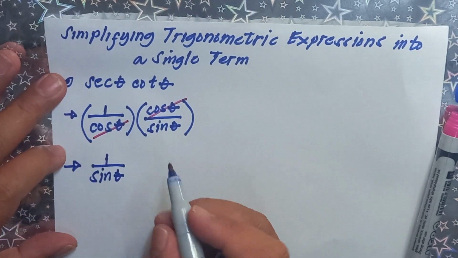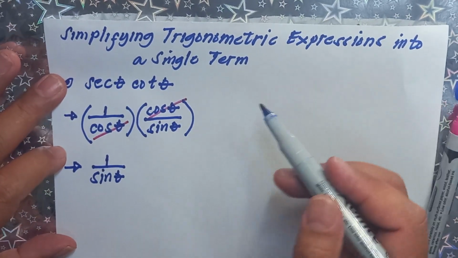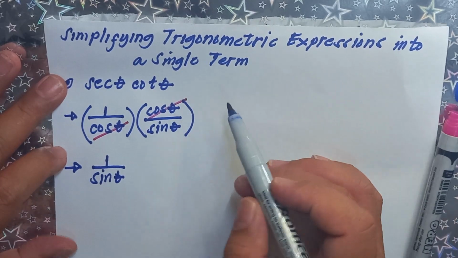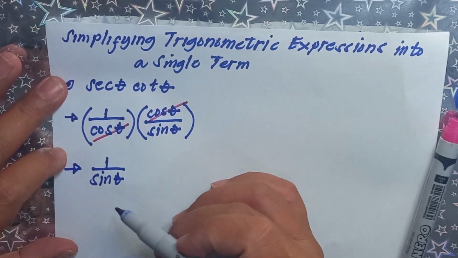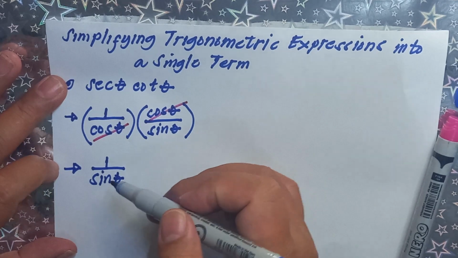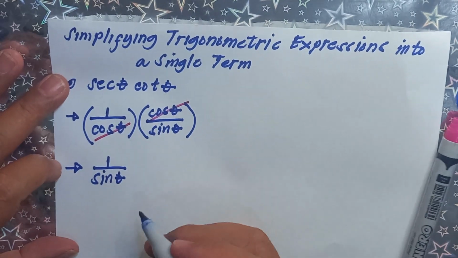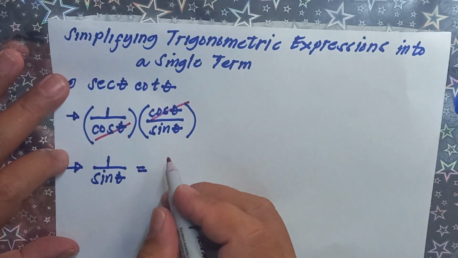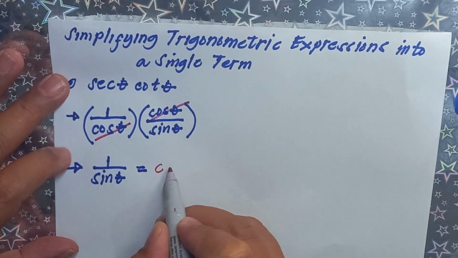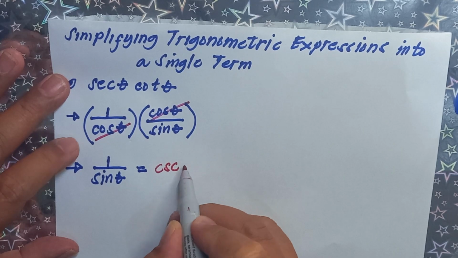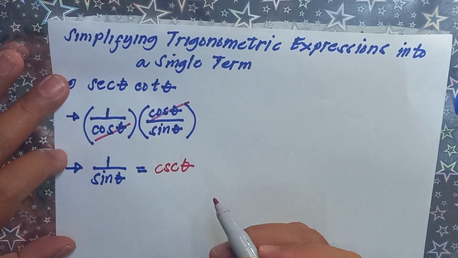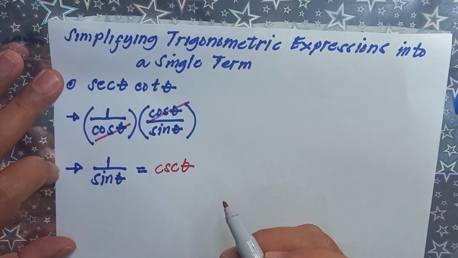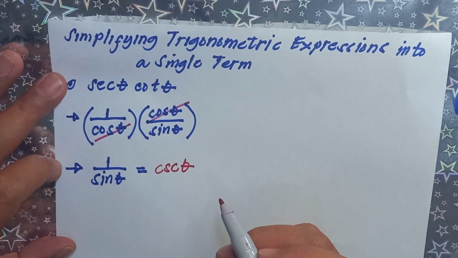Now, our instruction is to convert this into a single term. This is a single term, but it is in fraction form. But notice, 1 over sine theta is actually the same as cosecant theta.